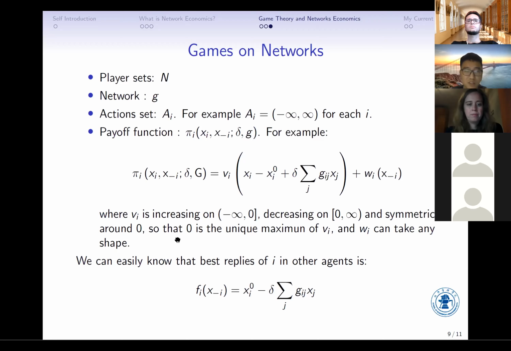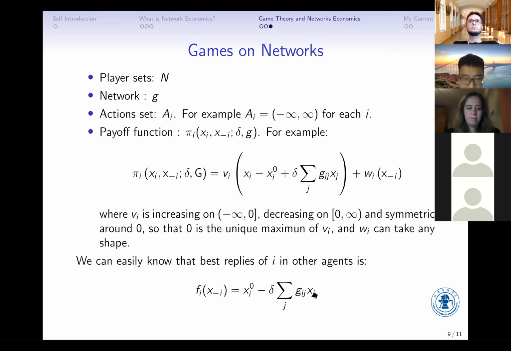So we can easily know that 0 is a unique maximum of vi, and for wi we can take any shape. So from this payoff function, we can easily know that the best replies of i to the other agents is this.